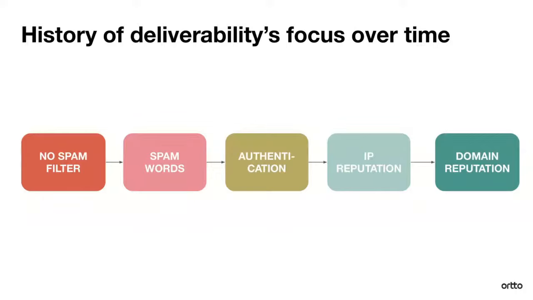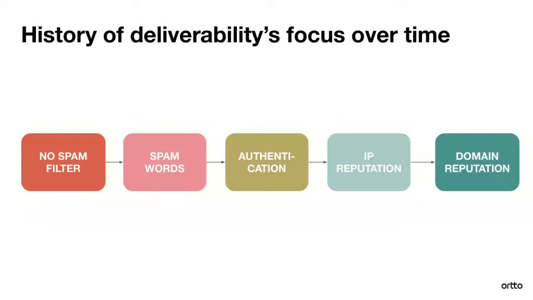Every marketer has some reason to offer something for free. And so the word free just can't cause filtering all the time. There are even many conversations between people that include words like free. So it just doesn't work on its own, and it had to evolve. Then came things like authentication and IP reputation, but with people being able to use multiple different providers to send email, the IP address, the address that does the actual technical delivery, wasn't enough, because you've got them being owned by various providers and essentially people coming in and just using them for a time.